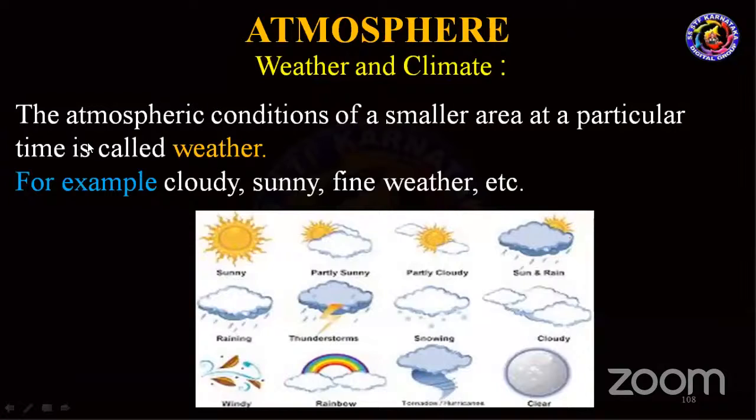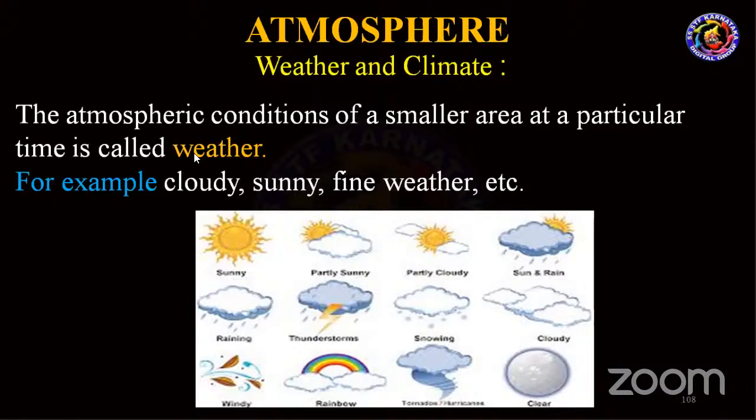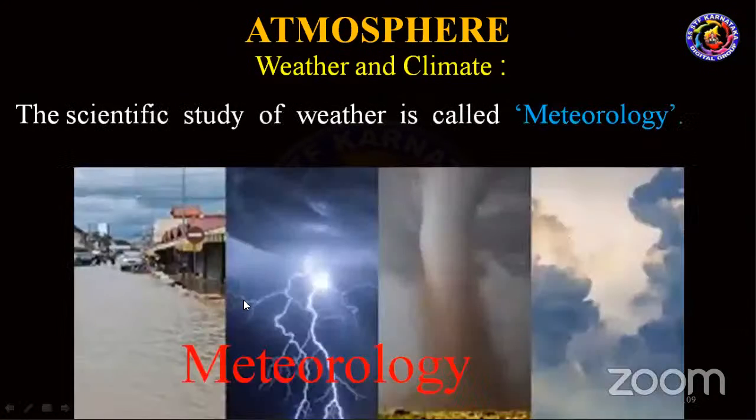Weather is the atmospheric condition of a smaller area at a particular time. For example, cloudy, sunny, fine weather. To identify how an area's weather is, whether it is cloudy, sunny or fine, we use the word weather.